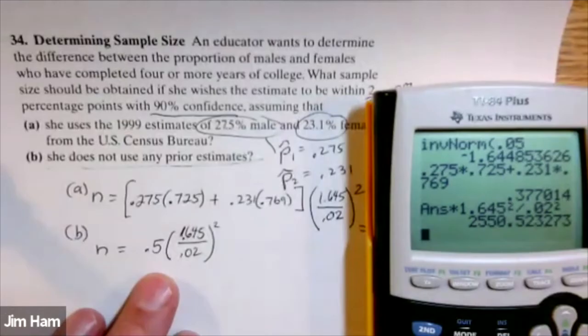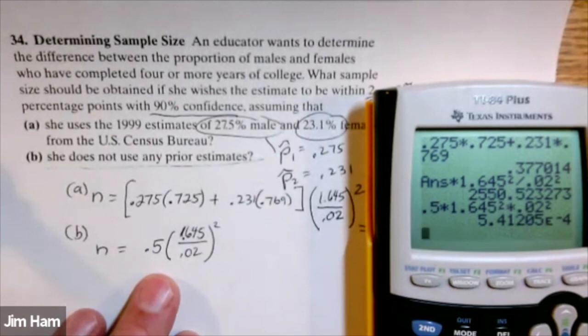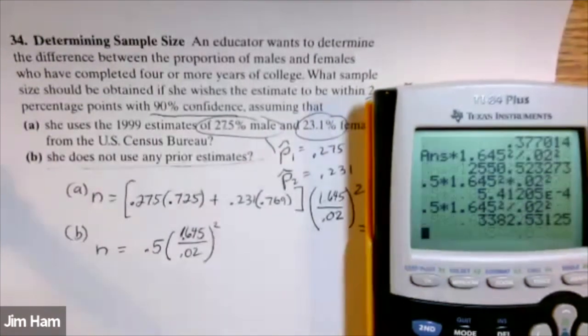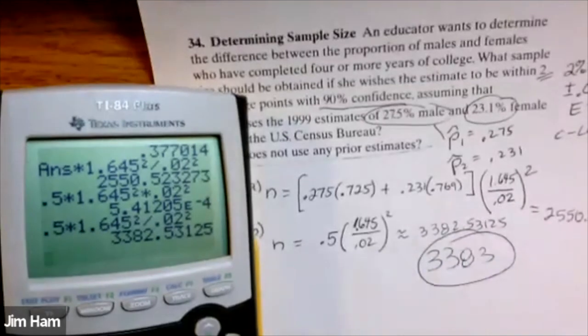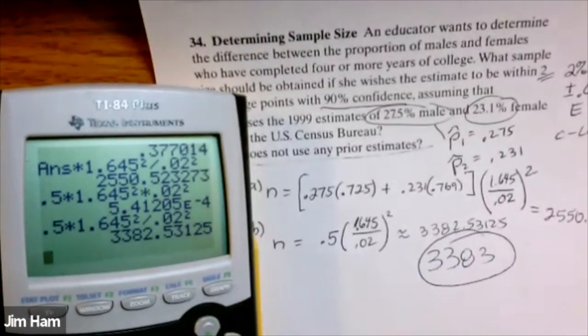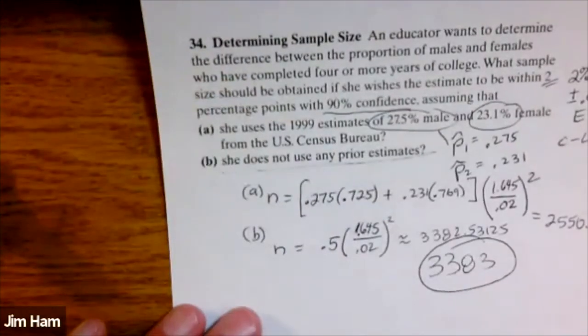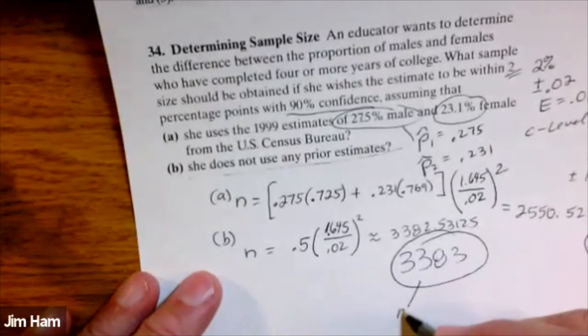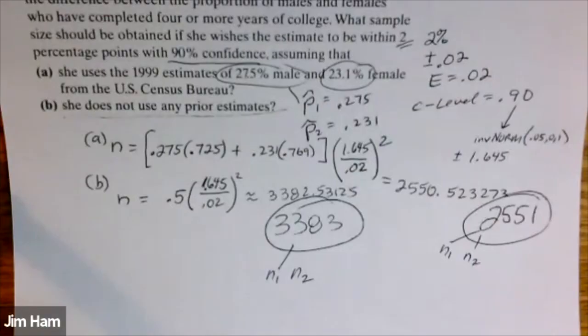And then the other one, 0.5 times 1.645 squared divided by 0.02 squared. And this I typed in wrong, divided by, there we go, even much larger. So 3382, and so we would round this one up to 3,383. Right, so you need a very large sample size, and so both of these are going to be N1 and N2. So you set both sample sizes to that. Determining the sample size that you need to achieve a certain margin of error.